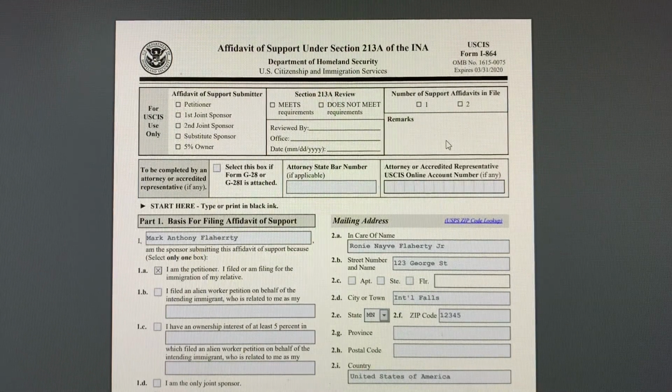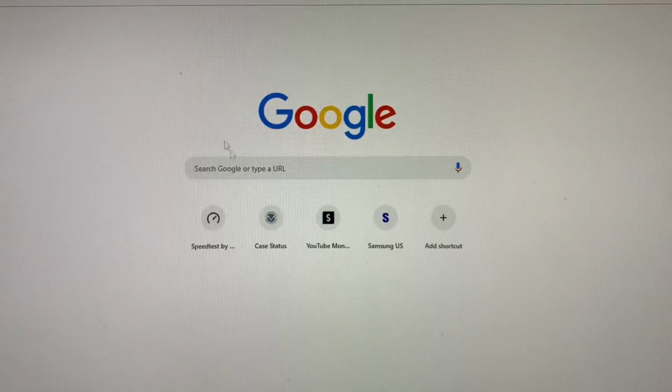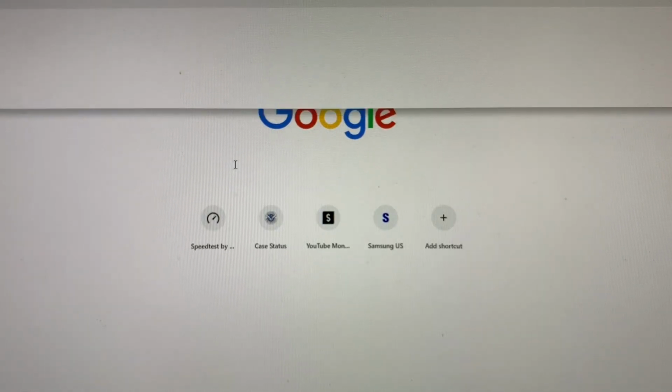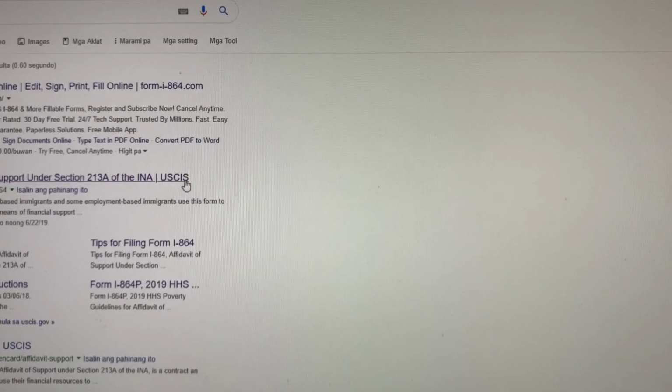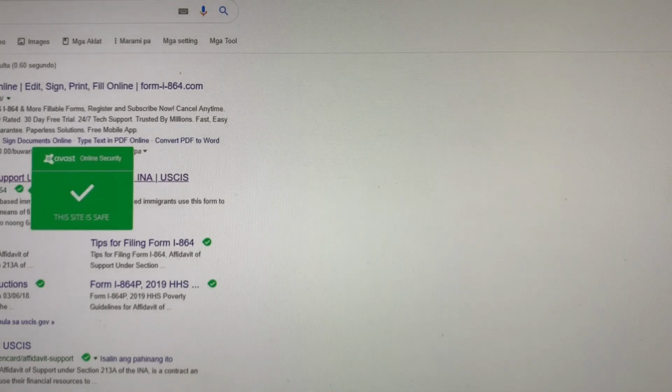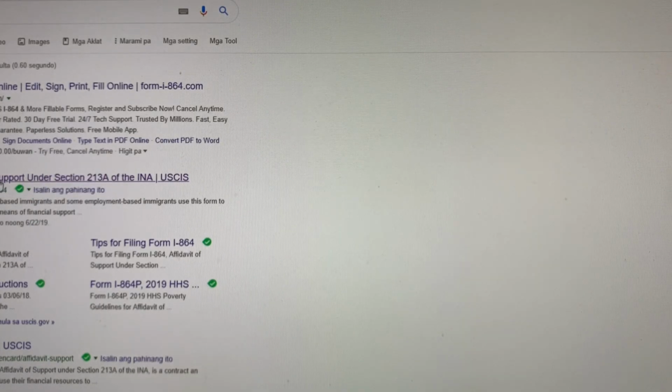Today I'm gonna teach you how to fill out Form I-864, or the Affidavit of Support under Section 213A of the INA. First, let's go to your browser and type I-864 there and press this one, Affidavit of Support under INA.